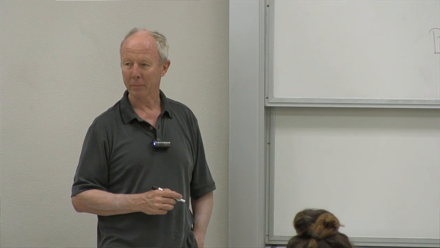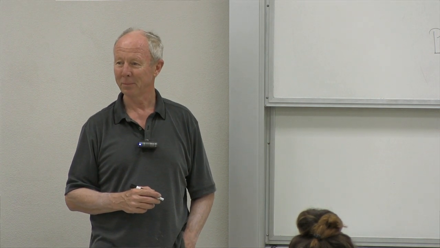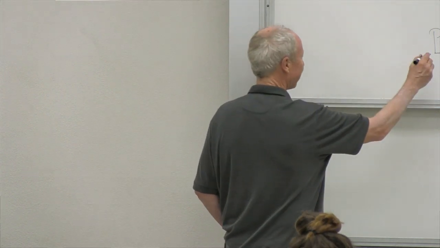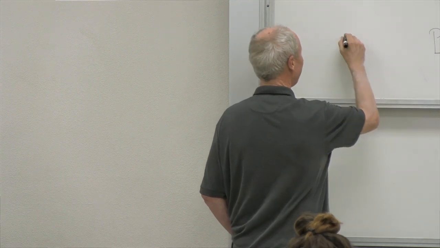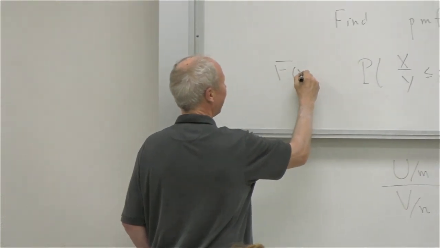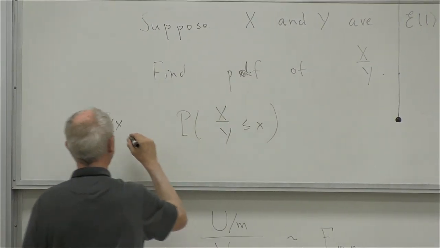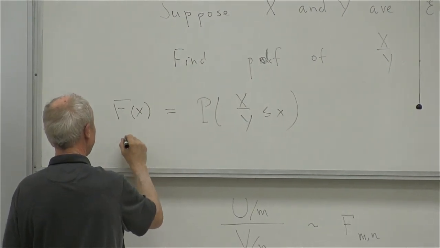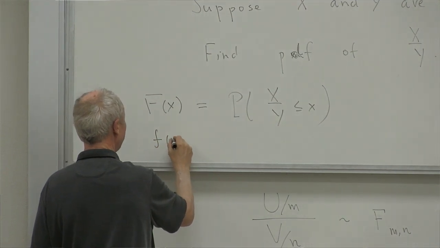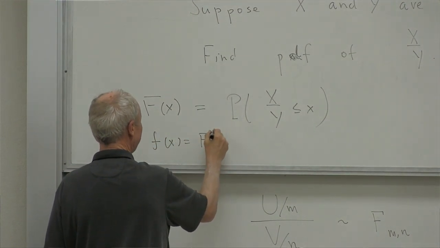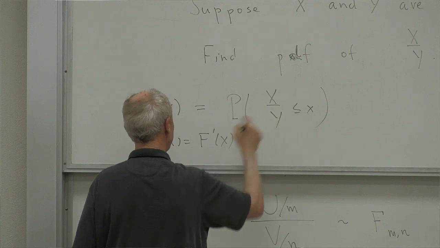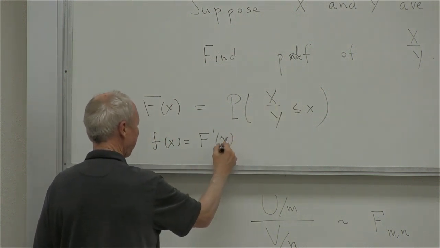Shouldn't you say PDF, probability density function? Oh, this is the CDF, this is a cumulative. Yes, thank you. So we'll find this, and then the thing we want is a derivative of this.